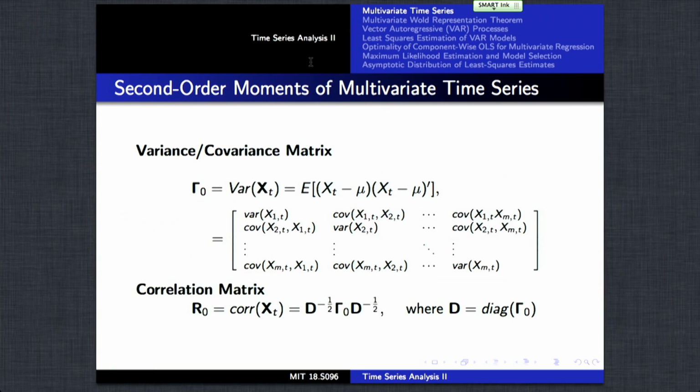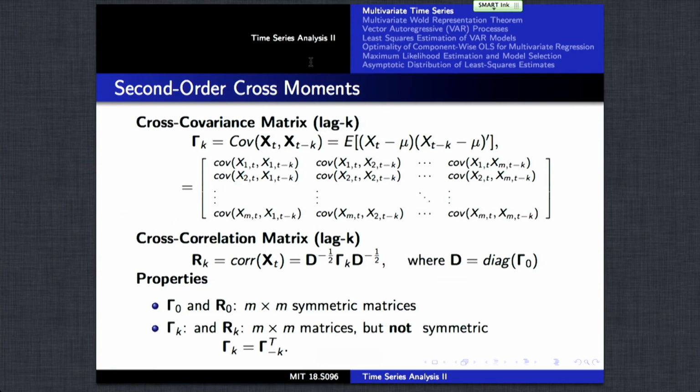The previous discussion was just looking at the contemporaneous covariance matrix of the time series values at a given time t with itself. We want to look at also the cross-covariance matrices.